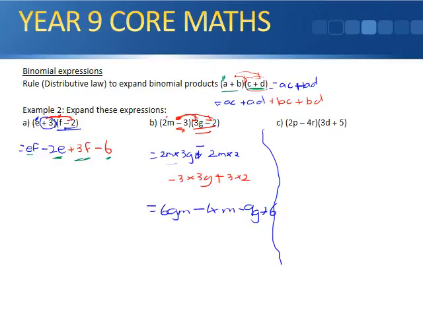So remember, first one times everything in the bracket, and the second one times everything in the bracket. So 2p times 3d. 3 2's are 6dp. 2p times positive 5. Well, they're both positive, so that's fine. 5 times 2 is 10 with the p.